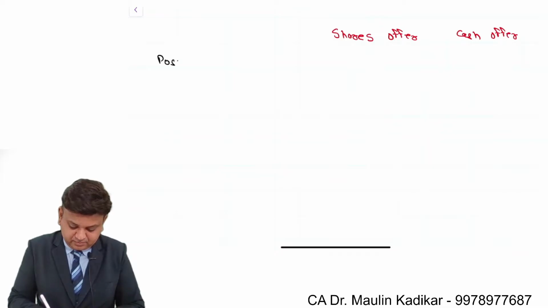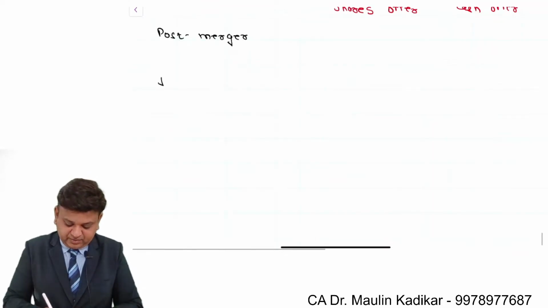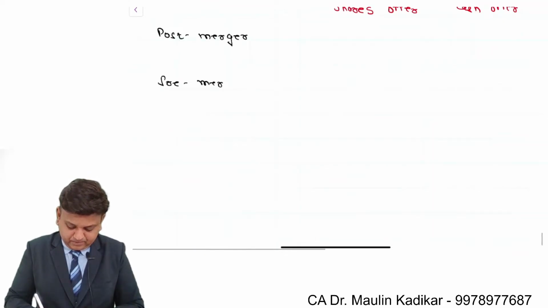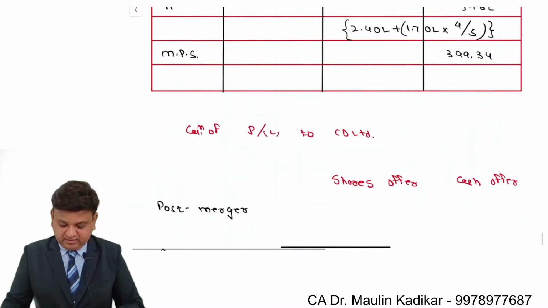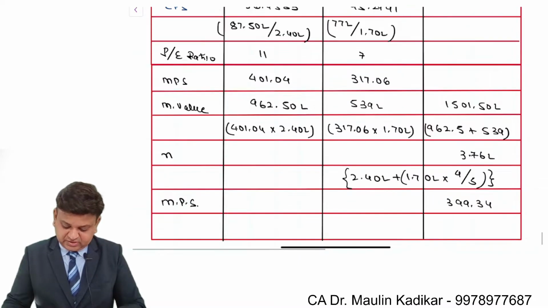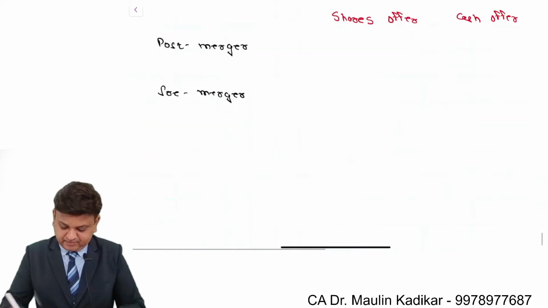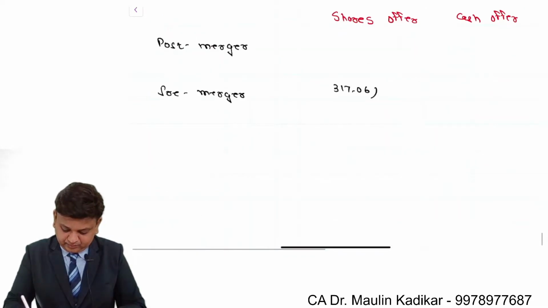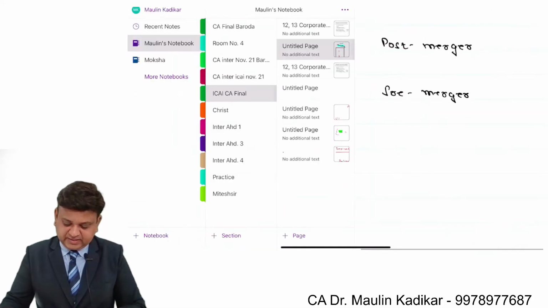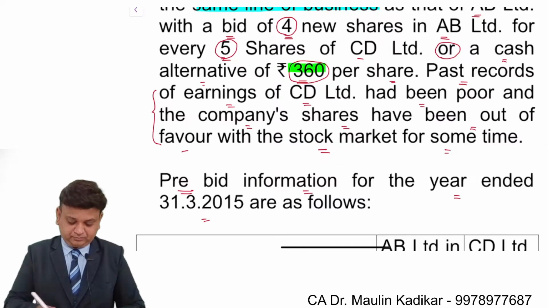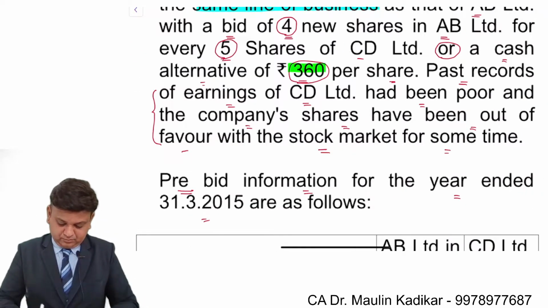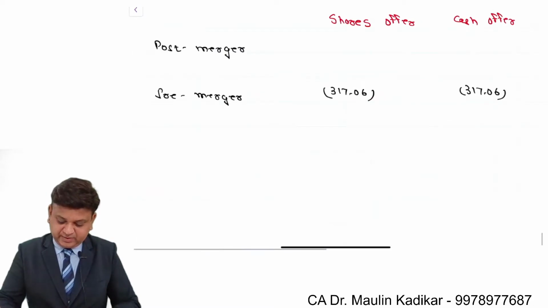Post merger is to be compared with pre merger. As far as the pre merger is concerned, it is 317.06. In case of cash offer, the price which is offered is 360. So over here we are required to mention 360.